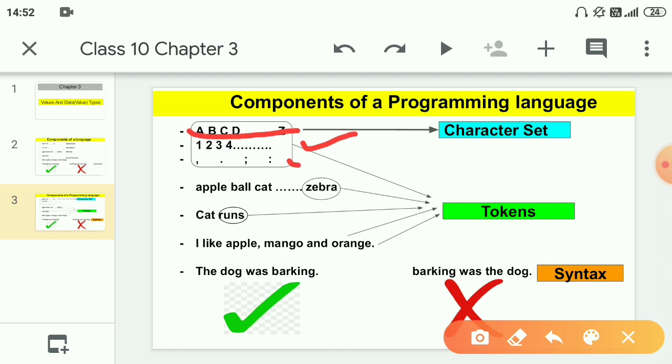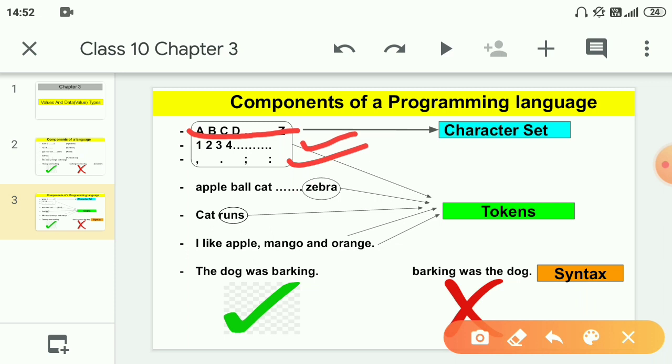Then all the symbols, comma, asterisk, semicolon, full stop, colon, dollar symbol, any kind of symbol you can think of. All these basic characters represent the character set.